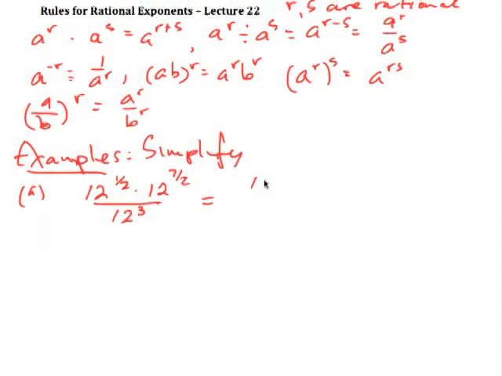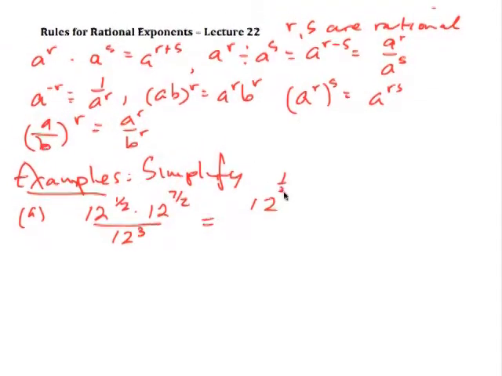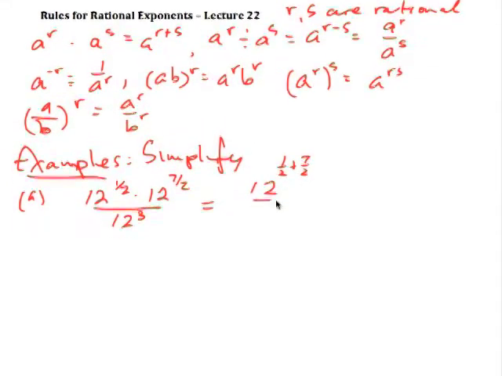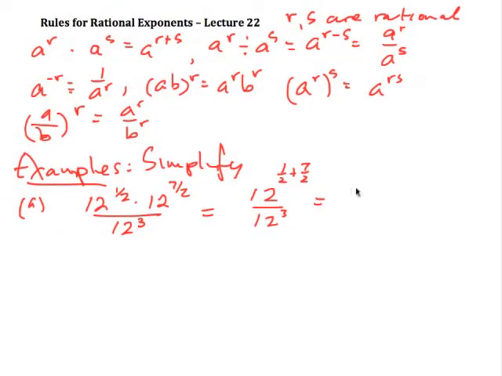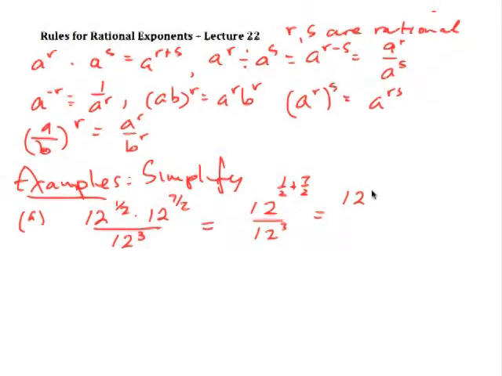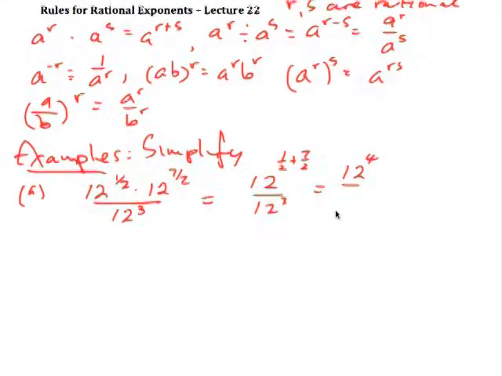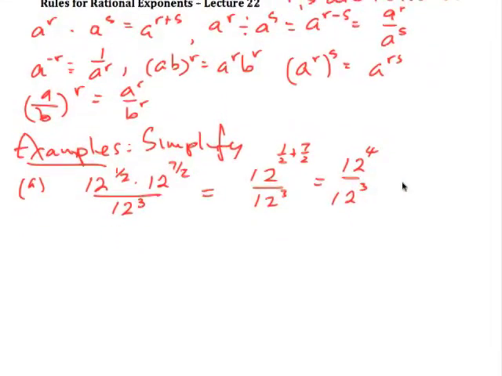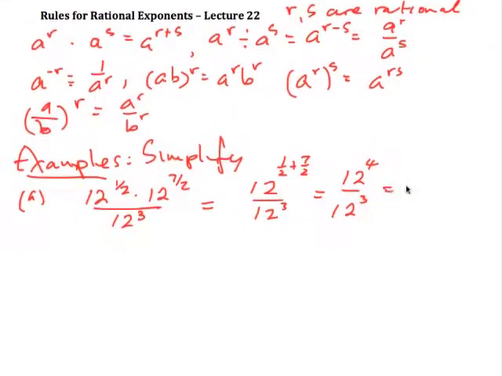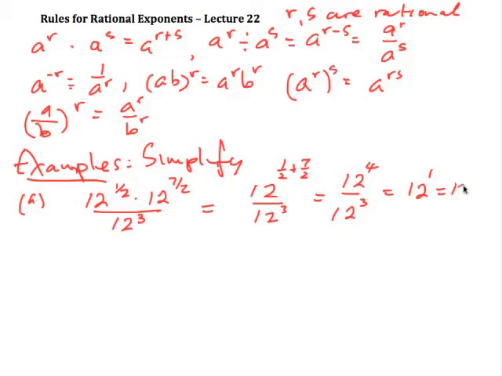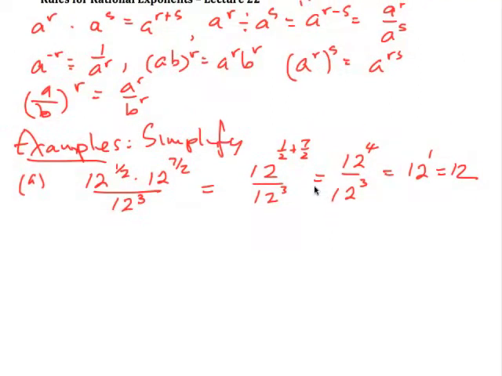So we end up with, of course, 12 to the a half plus 7 halves over 12 to the 3, which of course is 12 to the 8 halves, which is 4, over 12 cubed, 4 minus 3. So this gives me 12 to the 1, which is 12.